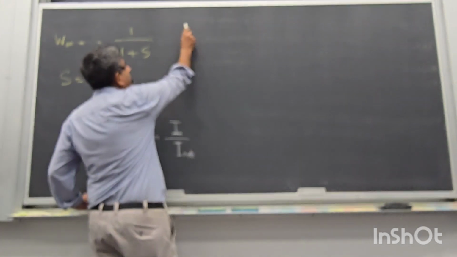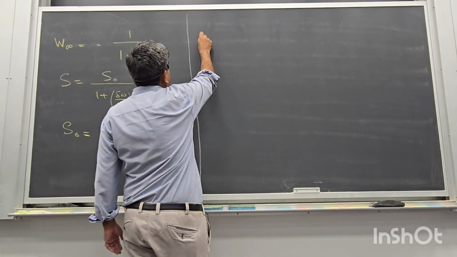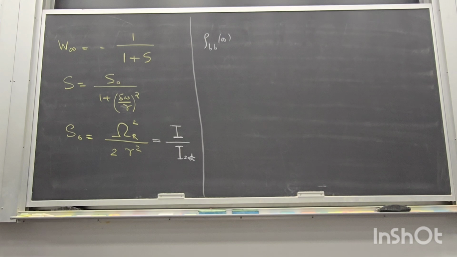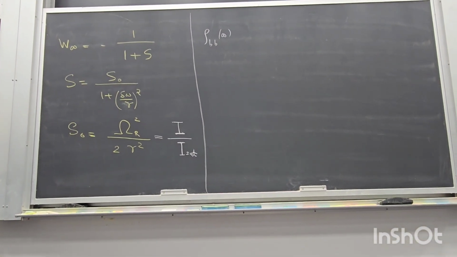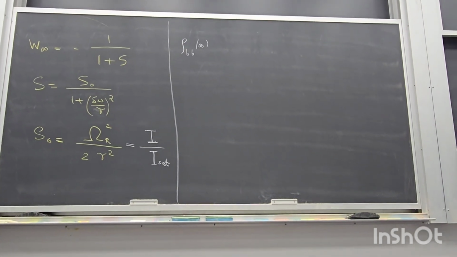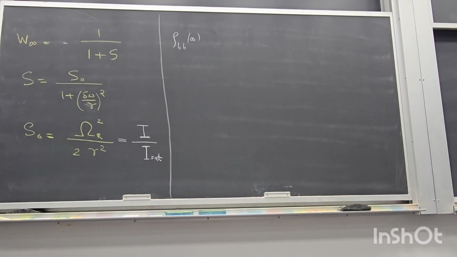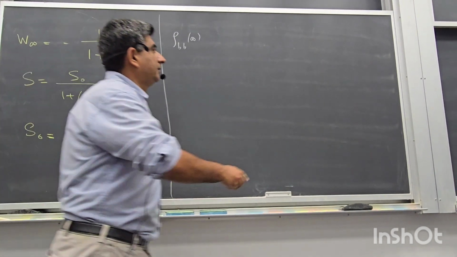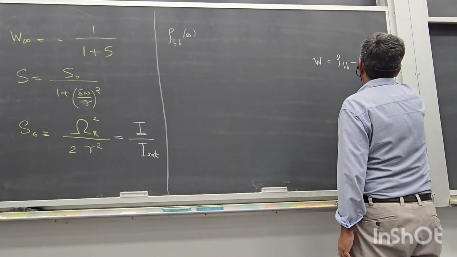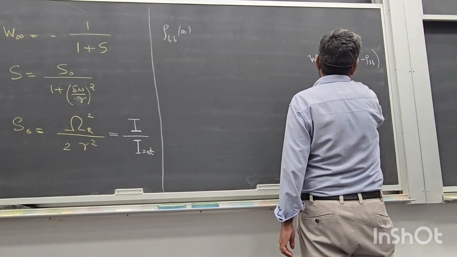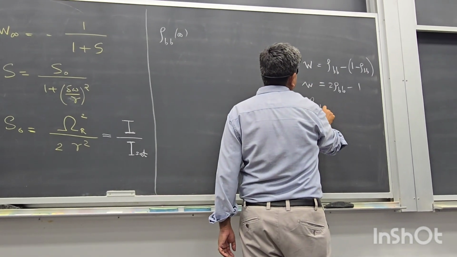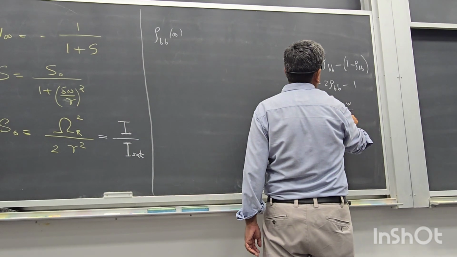What I'm interested in now is finding rho BB at infinity. What is this equal to? Because my W is rho BB minus rho AA, which is 2 rho BB minus 1, so my rho BB is 1 plus W over 2, right?